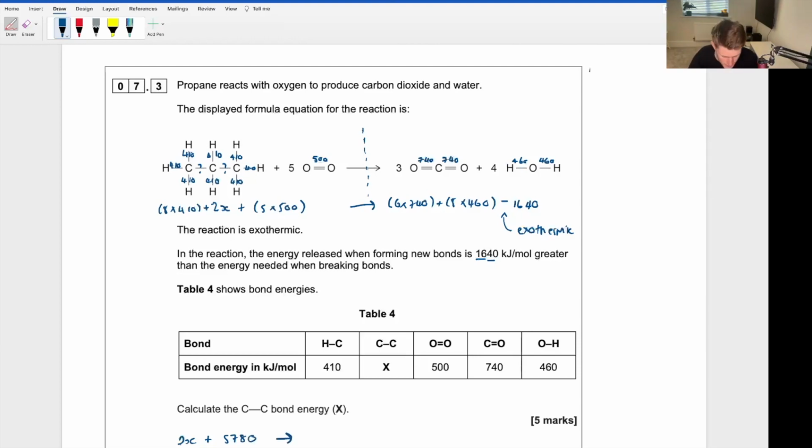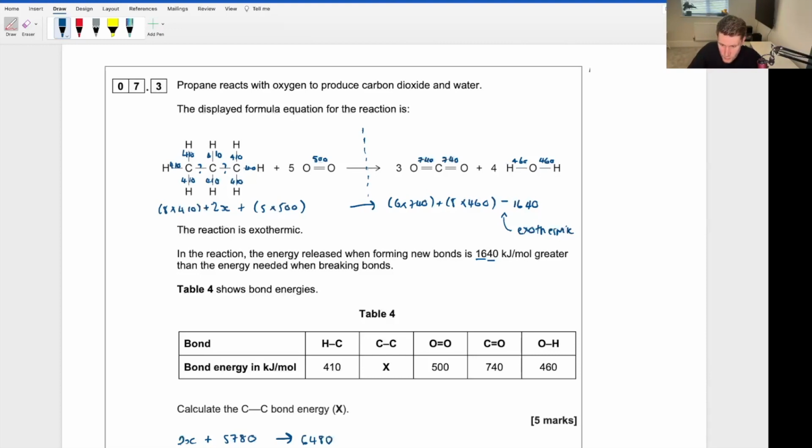On the right hand side we have 6 times 740, and we're going to add that to 8 times 460, and then we're not going to forget to remove the 1640 from that side. And for that we get 6480. We want the 2x on its own, so I'm going to move this 5780 to the other side. When I do that, it becomes a minus.